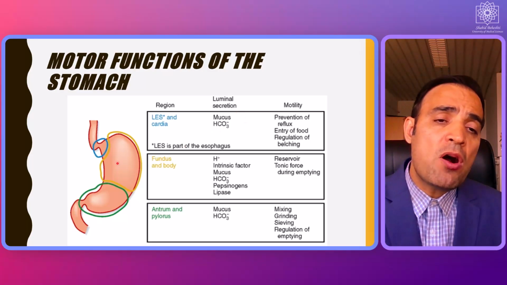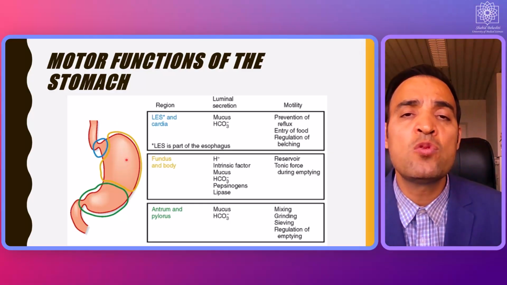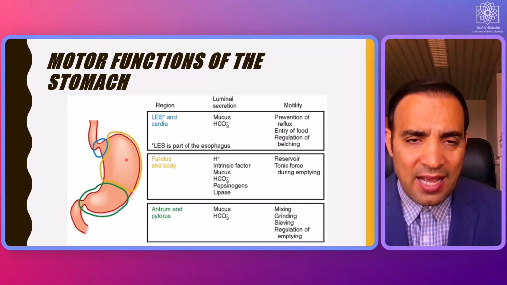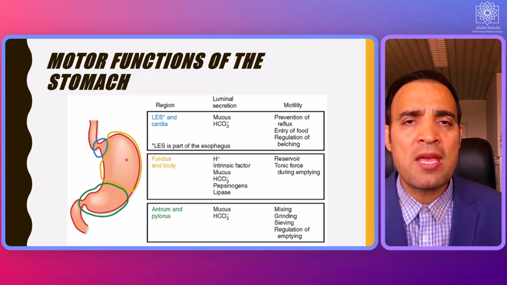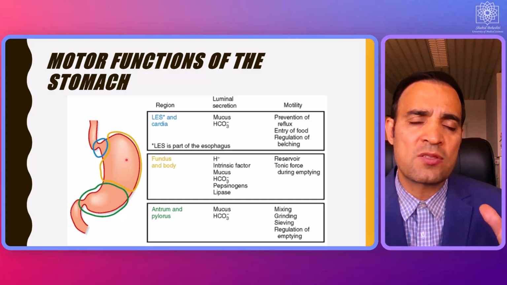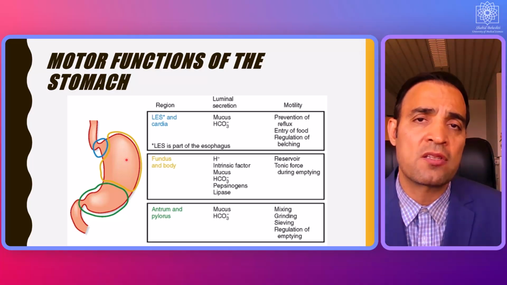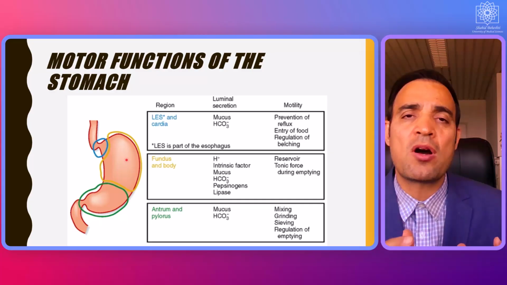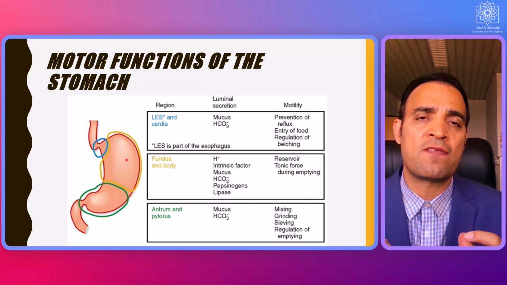The main part of the stomach is named the fundus or body. And as you see, the fundus or body is the main body of the stomach that is involved in the reservoir function of the stomach. This part is able to relax and accept a large quantity of food.